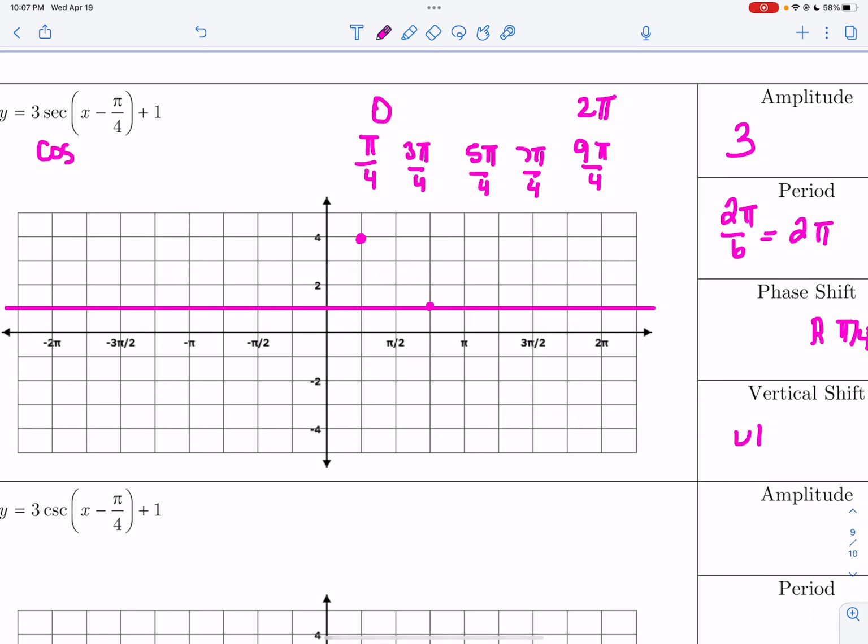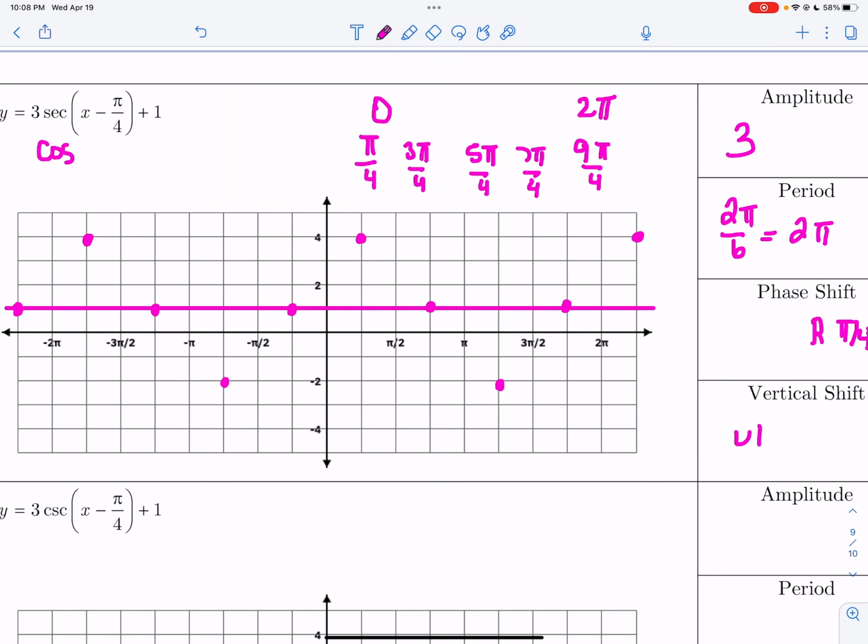Then I'm going to go back down. 5 pi over 4, 7 pi over 4, and then 9 pi over 4. Repeat this process until you get a happy cosine graph.